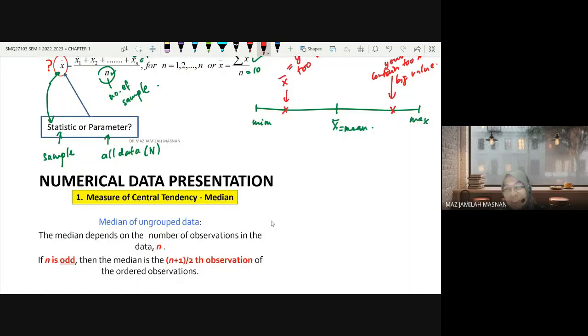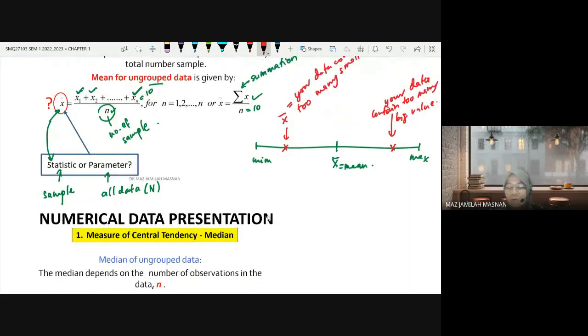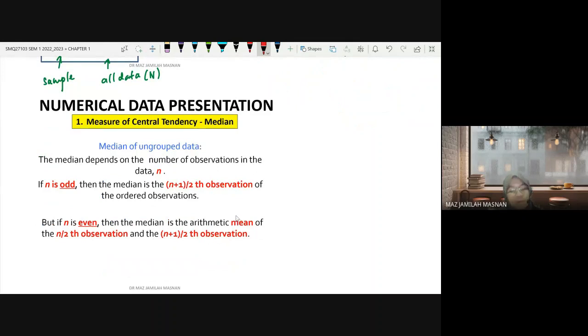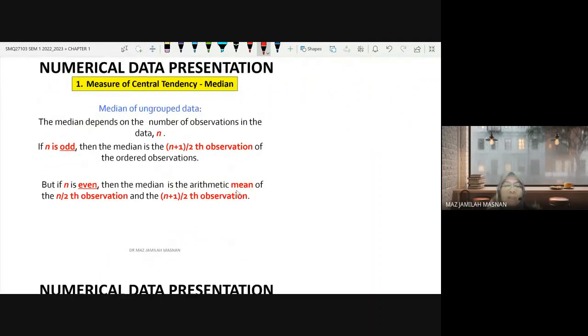Now, what about the median? Median also, we are talking about the middle value. So the median can also be in the midpoint. But how can we find the median value? If we are talking about ungrouped data, it could be even or odd. For example, my data: 2, 4, 6, 7, 7, 8.